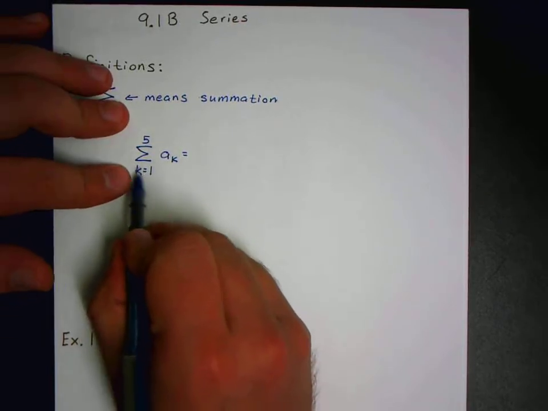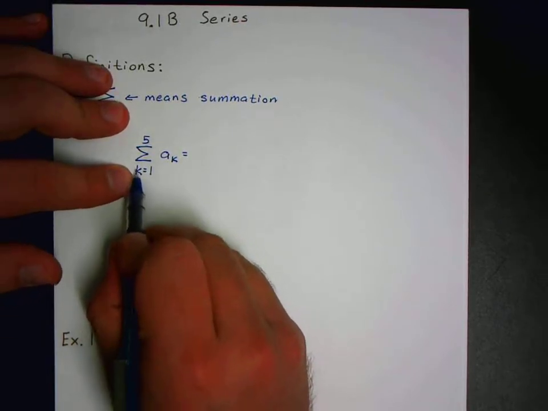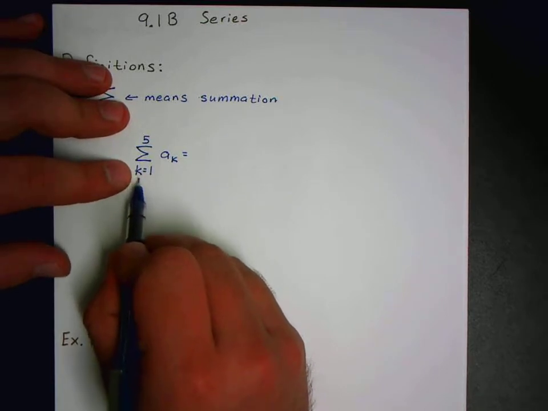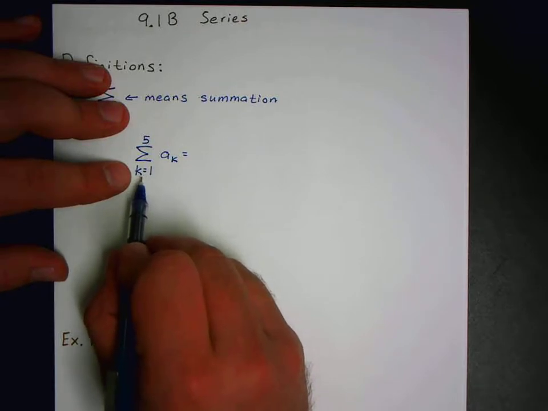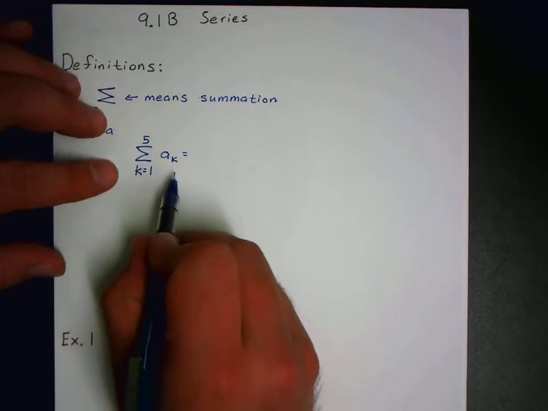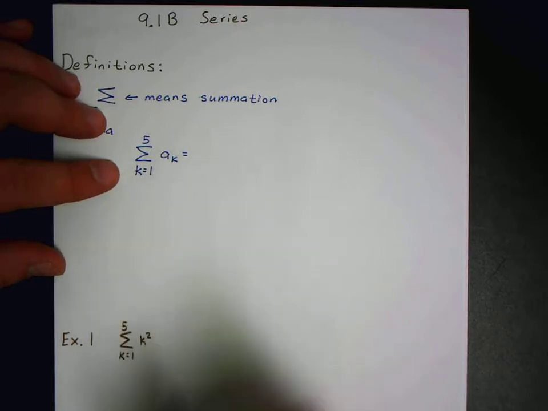What you have is you'll be given a kind of dummy variable. This is kind of like your counter. So this is saying that you count from 1 to 5. And then each term, you're going to add them together.